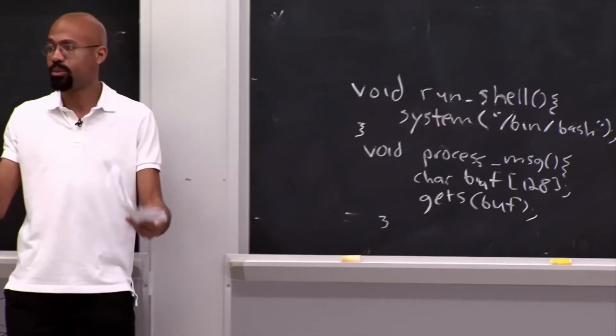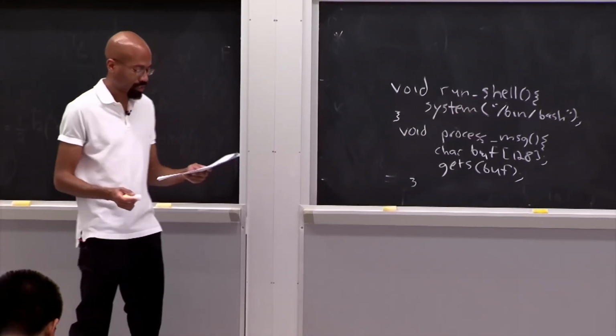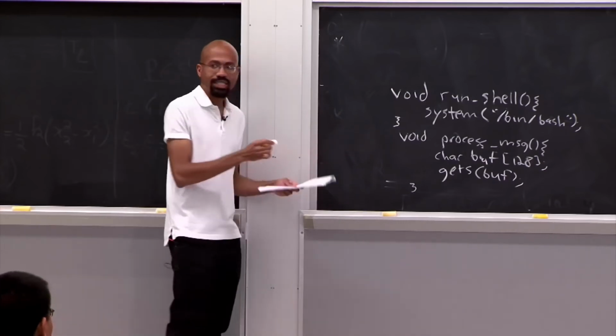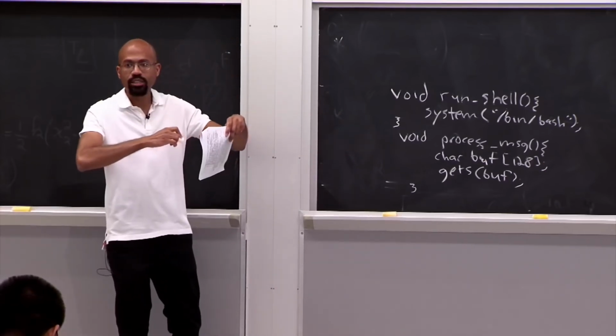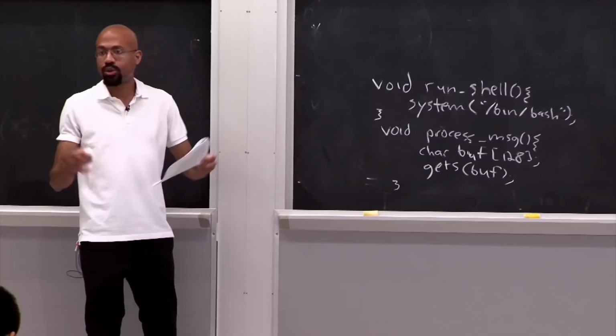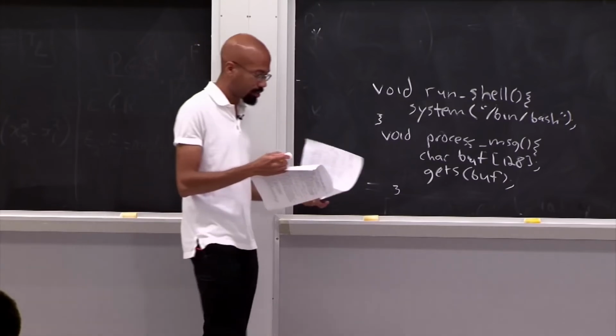You should all be very familiar with doing those kinds of things through the lab. Then during the buffer overflow, the attacker can take that address, put it in the generated overflow, and make sure that the function returns to run_shell.